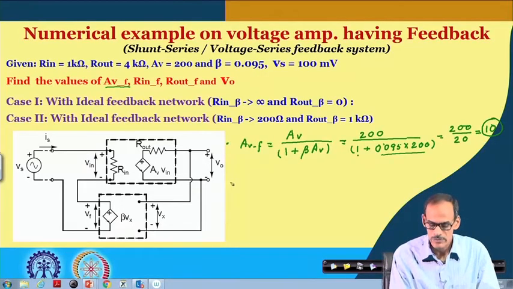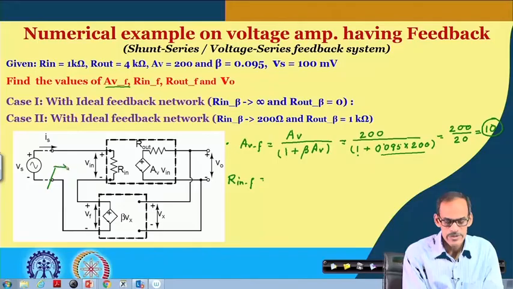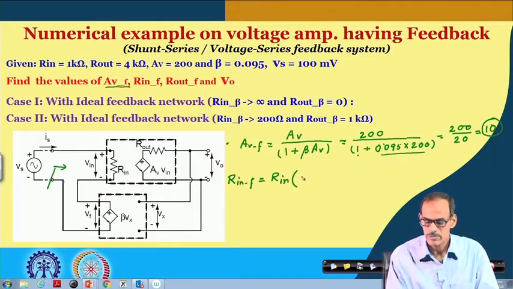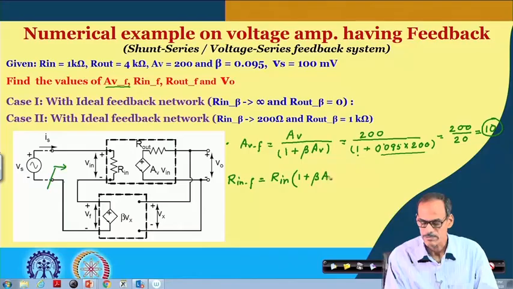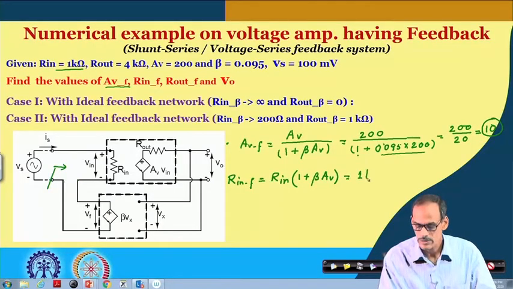Now, to find the value of the input resistance R in F, as you can now guess, since we do have a series connection here, R in F gets amplified by the desensitization factor. So, that should be R in multiplied by 1 plus beta into A V. And R in is 1 k multiplied by this factor, similar to the calculation we have done.